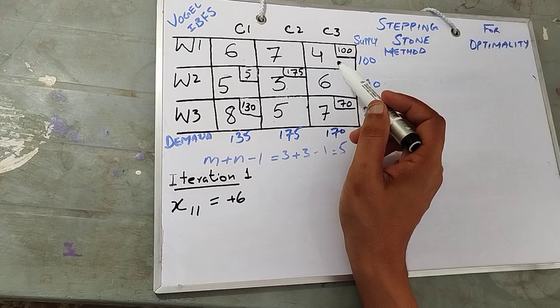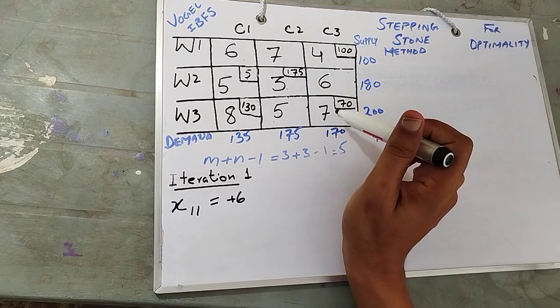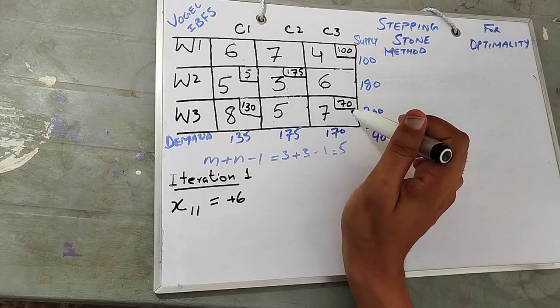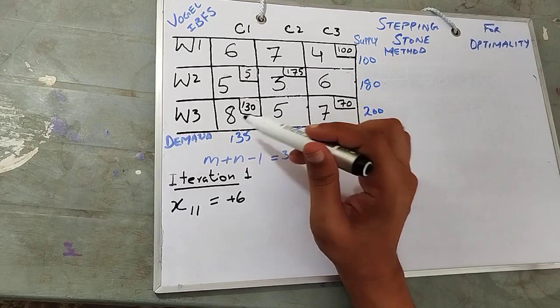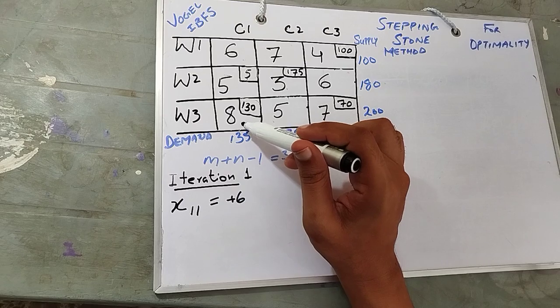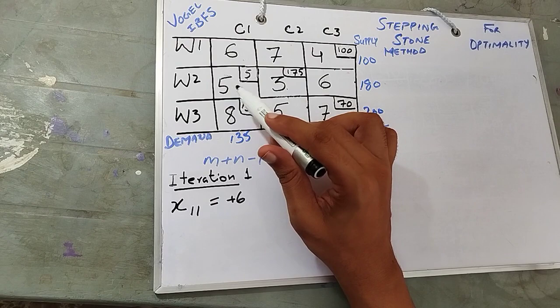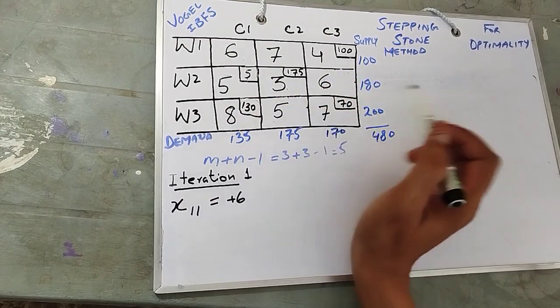Now from 4 we may go to 7 only, because we have to move to allocated cells only. If we move to 7, then we may move to 8. Yes, 8 is good. And when we arrive at 8, we skip 5 and reach 6 again. This is the best loop we have found.